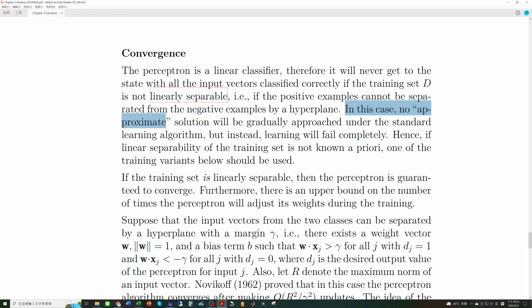In this case, no approximate solution will be gradually approached under the standard learning algorithm, but instead learning will fail completely. Hence, if linear separability of the training set is not a priori, what is the meaning of a priori? It means in advance. So one of the training variants below should be used.